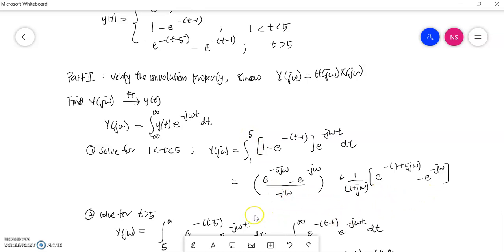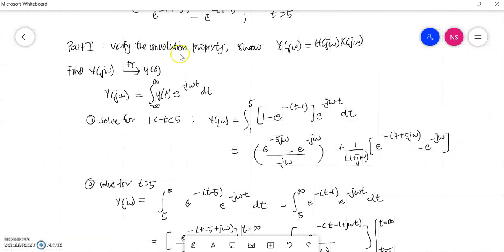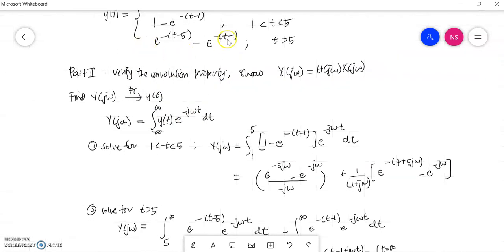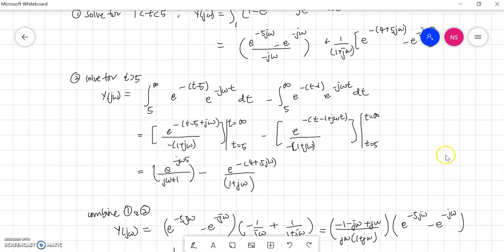Next, we look for Y(jω) when t is bigger than 5. So we have this expression for our y(t), and we use this as our y(t) multiplied by e^(-jωt).